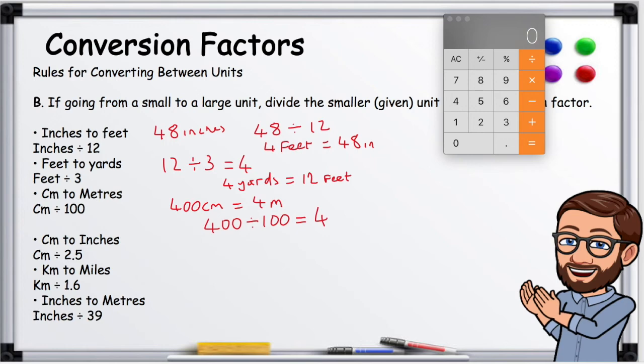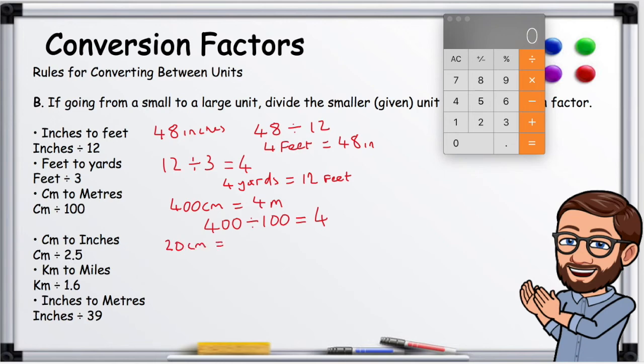Now let's do some converting between systems of unit, between metric and imperial. So our conversion factor from centimetres to inches, we know that 2.5 centimetres equals 1 inch. So if we had 20 centimetres, how many inches would that be? Let's give that a go. So we've got 20 centimetres equals.